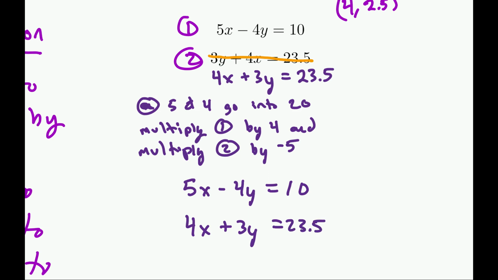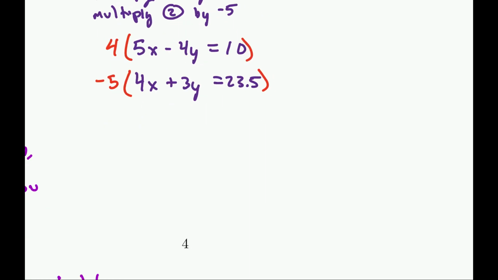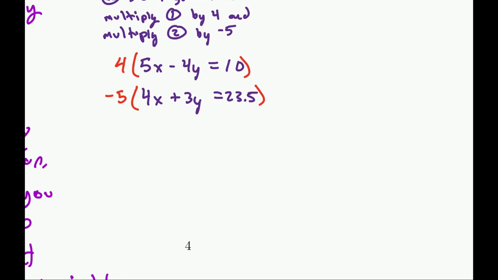What I'm going to do is multiply this first one by 4, and I'm going to multiply the second one by, actually, minus 5. Then we'll see what we get. When I do that, I have to distribute this 4 all the way across.